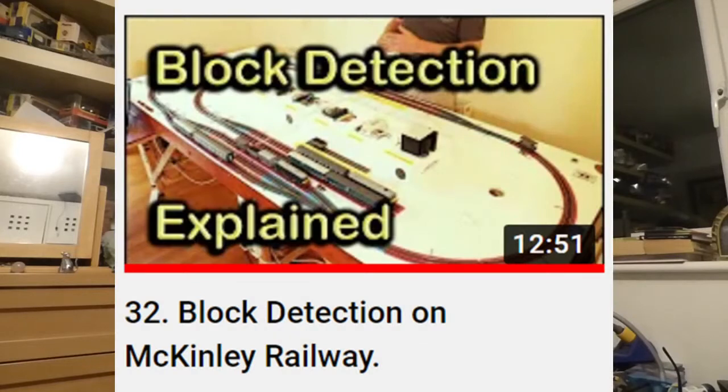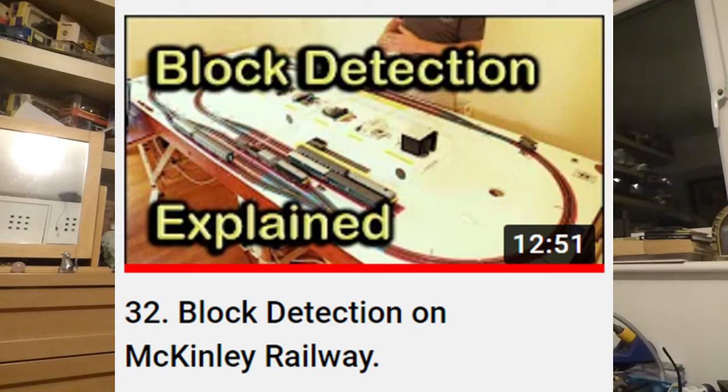Now that went on for quite a while, and I've been building the railway since, and the DCC with the automated running has been at the back of my mind, and it's kind of there like a little nag, but not that, when was it, about October 2019, somewhere around then. McKinley came out with a basic block detection explainer type of video.